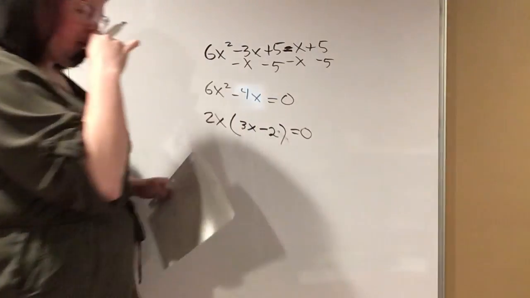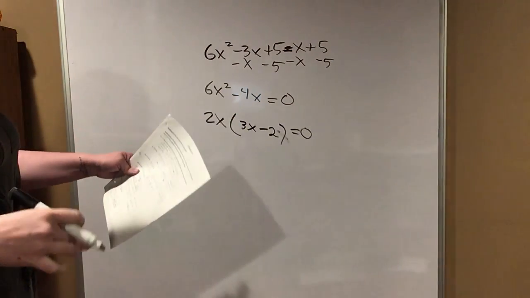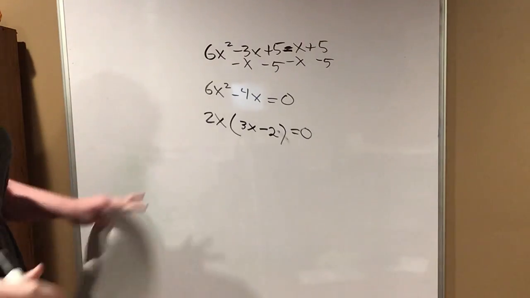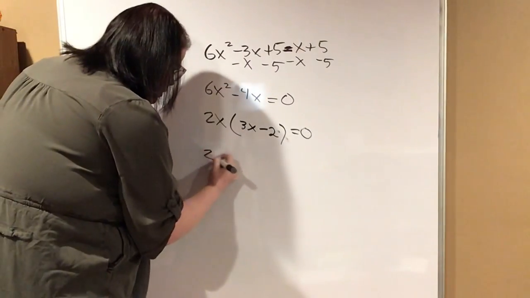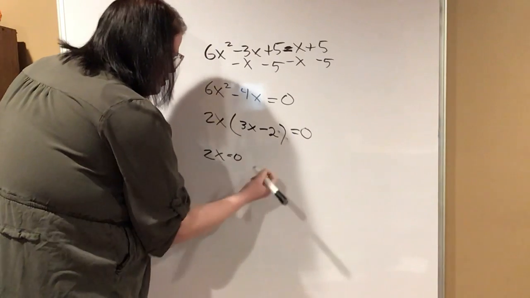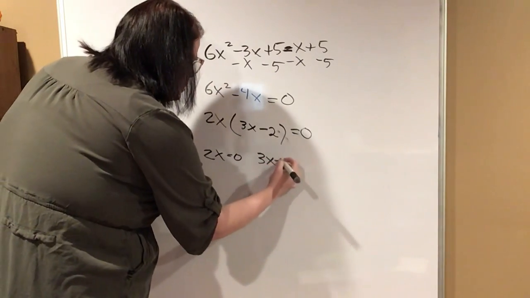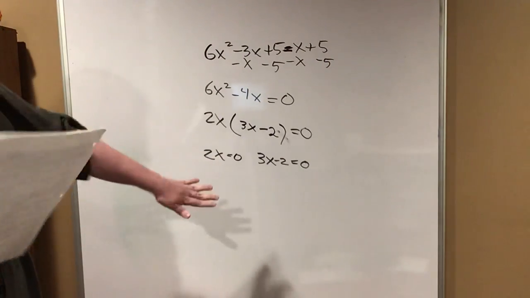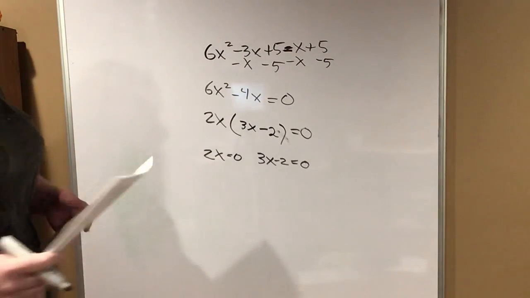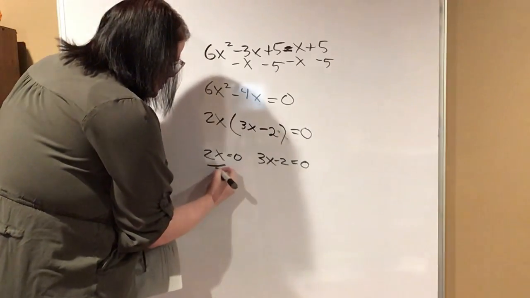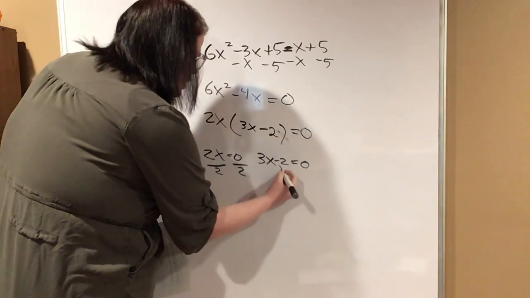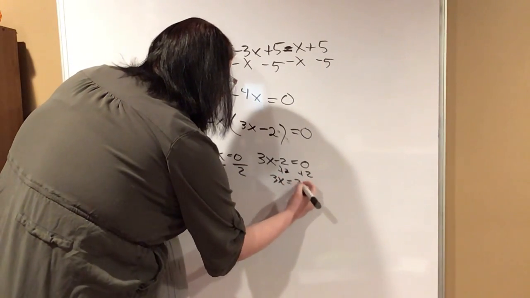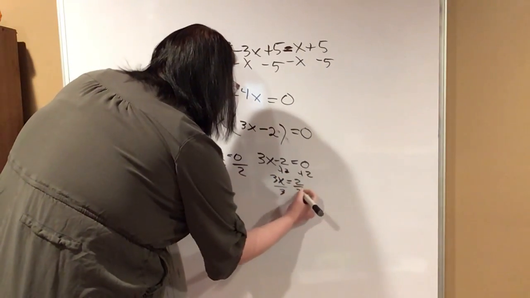And I think I taught you something like this earlier, where now we're putting both of the parts we have, setting them equal to 0. So 2x has to equal 0, and 3x minus 2 has to equal 0. Now, we just solve each of these to get our answers. So divide this one by 2, add 2 over here, 3x equals 2, divided by 3.